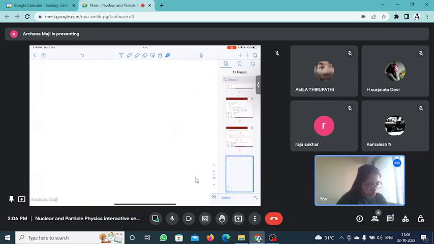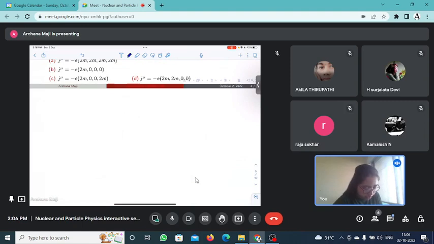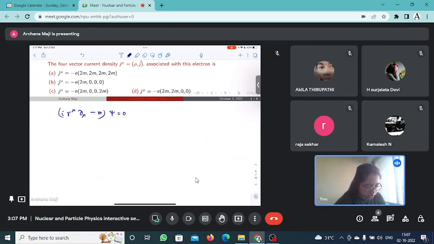Since the wave function satisfies the Dirac equation, i gamma mu del mu minus m psi is equal to 0. We have to calculate the 4 vector current associated with this electron.